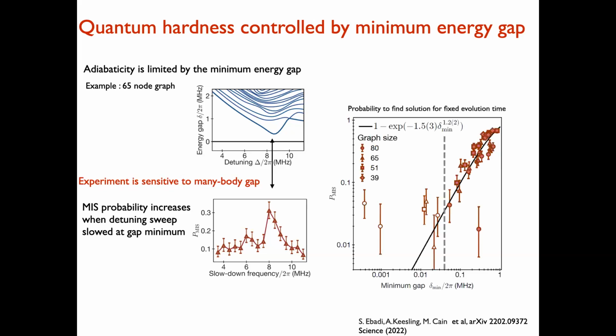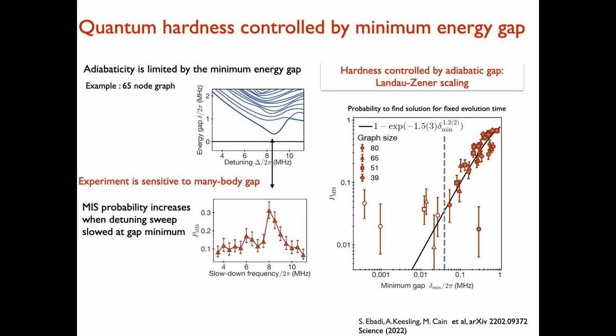One can also plot the probability to find the MIS for a fixed evolution time as a function of the gap. For many of these points, you have very nice Landau-Zener scaling. So it really shows that hardness is limited by adiabatic gaps.